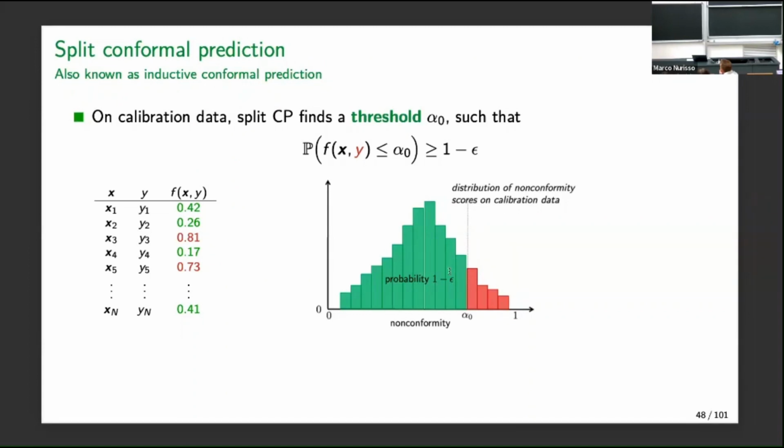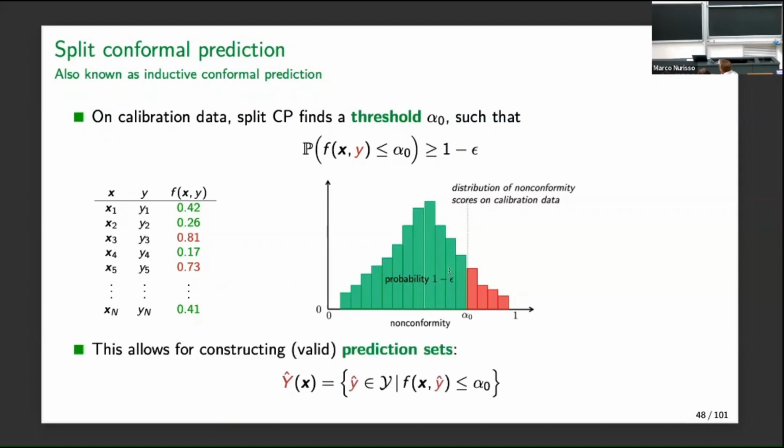If I want an error of maximum epsilon, then I look at a probability mass of that distribution which is at least 1 minus epsilon. That's the green part that you see on the slide. It's a quantile that you compute of that distribution, and that's going to be our threshold that we then use on test data.